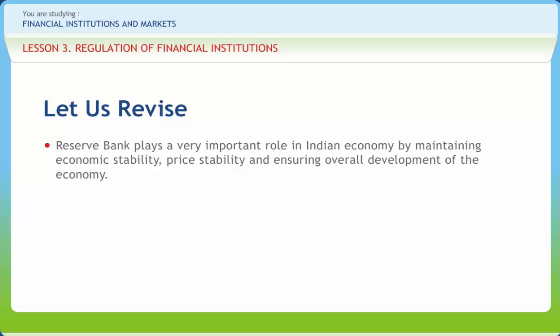Reserve Bank plays a very important role in Indian economy by maintaining economic stability, price stability, and ensuring overall development of the economy. The main functions of the RBI include being the bank of note issue. RBI is also the banker to the Indian government.